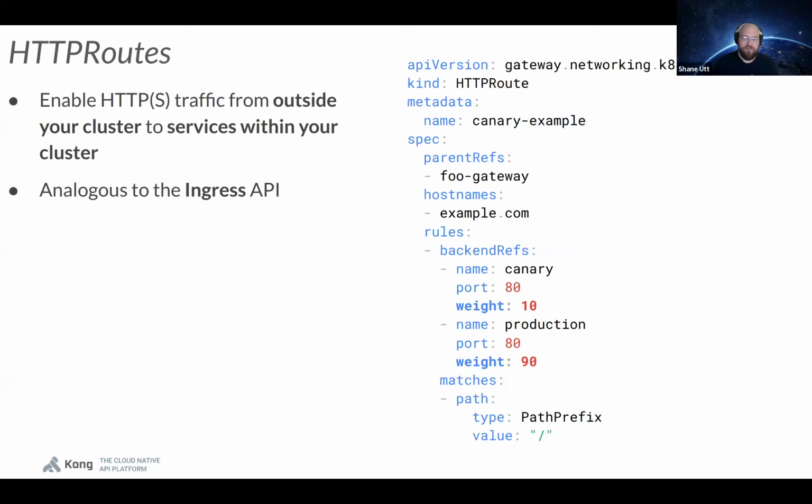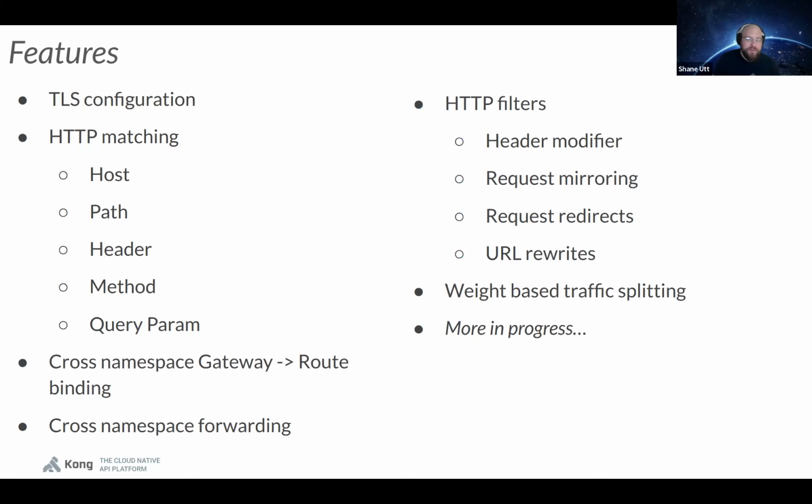And we have a bunch of different features in HTTPRoute on top of ingress, like we've been able to expand because of this difference in specification. For instance, in this, you can see that we have weighted traffic splitting. You could have a weight of 10 on the first backend ref and a weight of 90 on the second to do a canary rollout and slowly roll out an update. So those features include, but are not limited to, TLS configuration, HTTP matching.